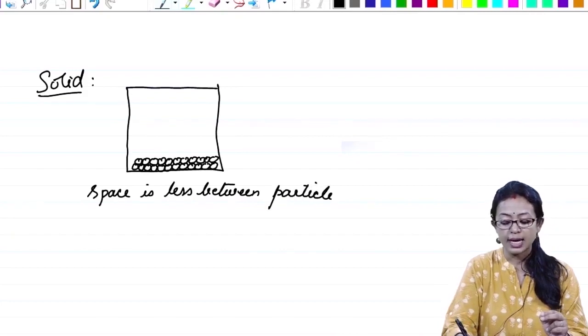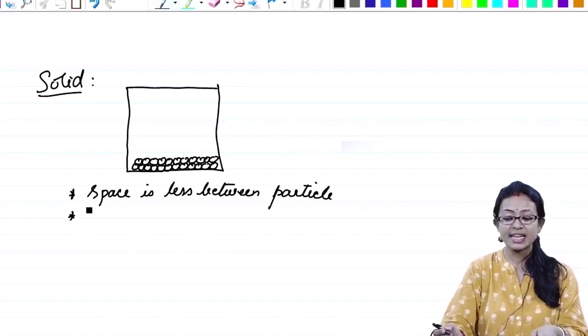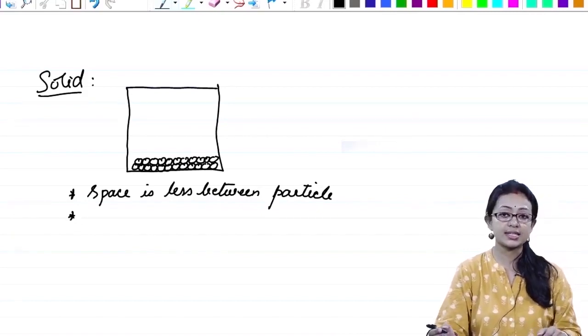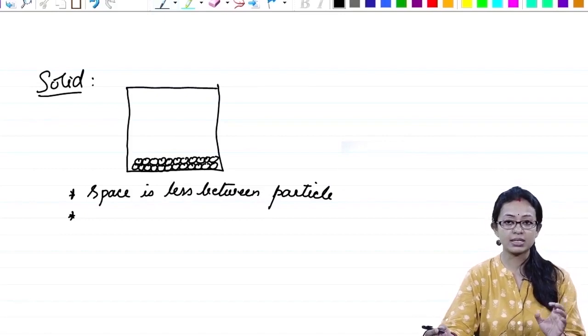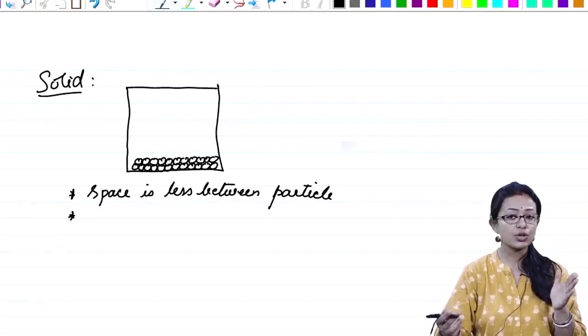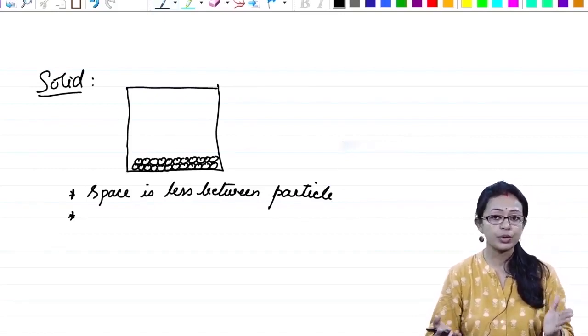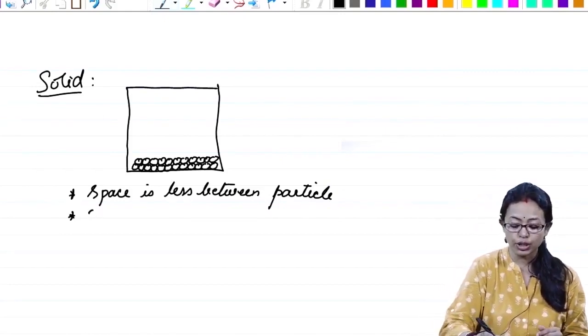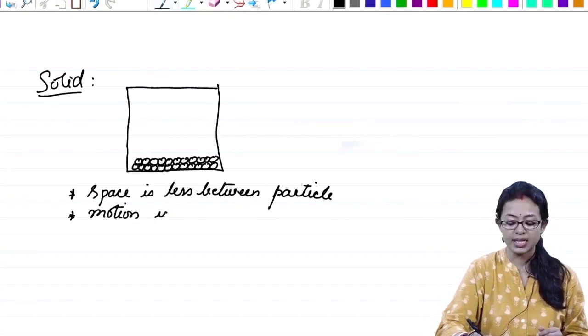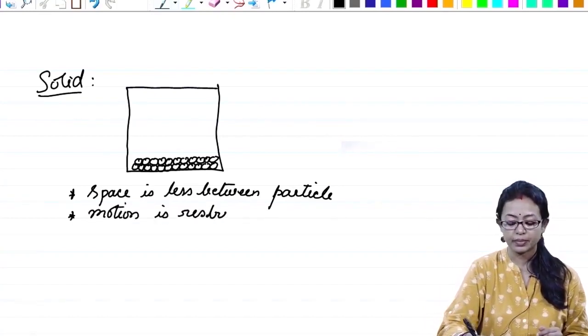Now because the space available is less, we find that the motion executed by these particles is restricted. As they do not have space to move, how are they going to move? They are unable to move, and that's why the continuous motion is restricted. They do not move.